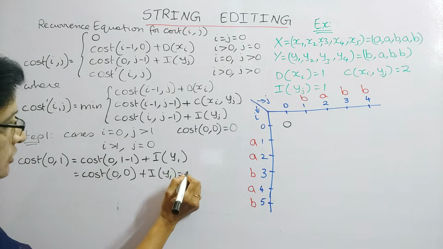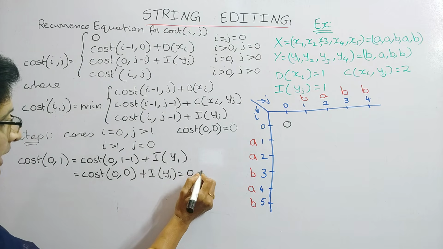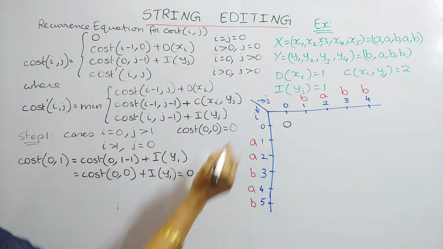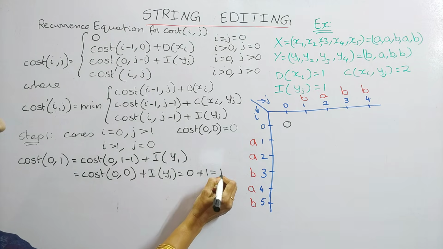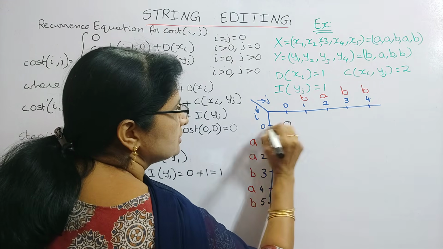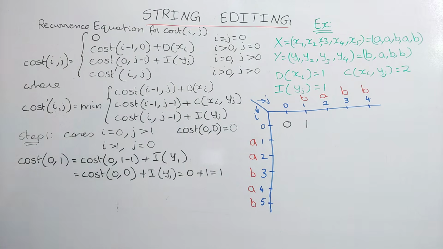Cost of 0, 0 is 0 plus the insert operation cost, which is 1. So cost of 0, 1 has value 1.